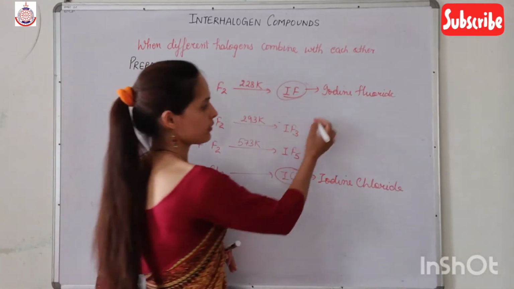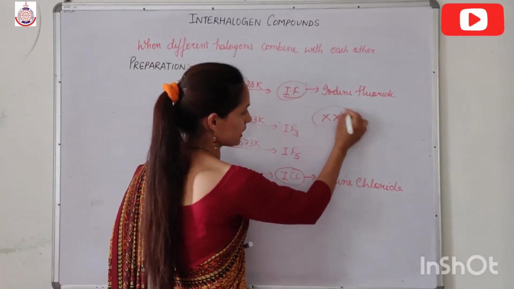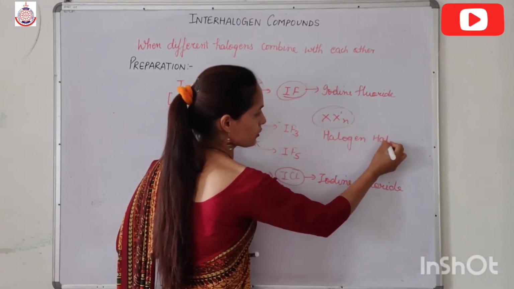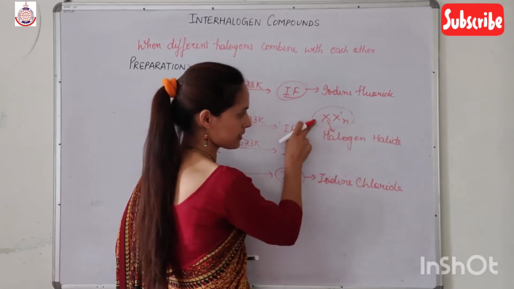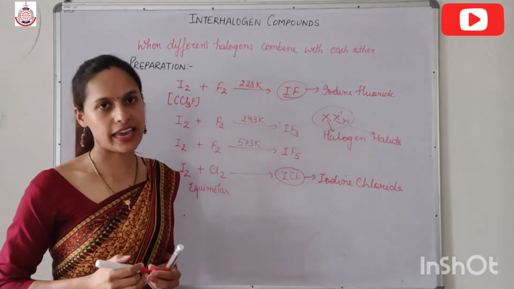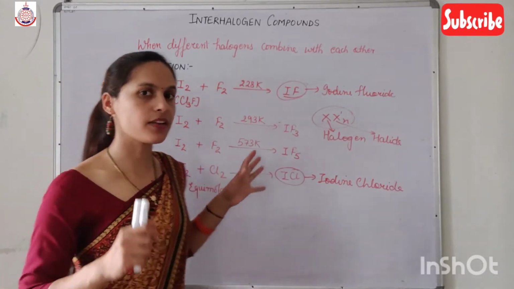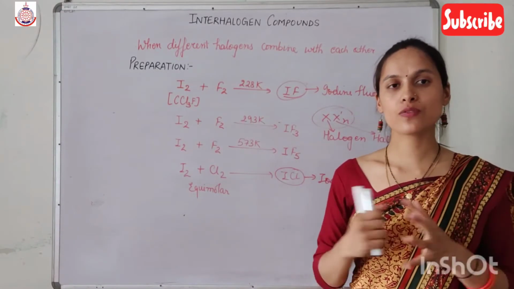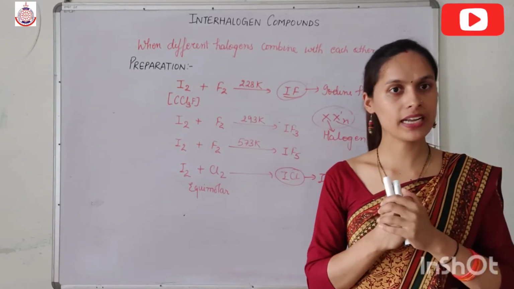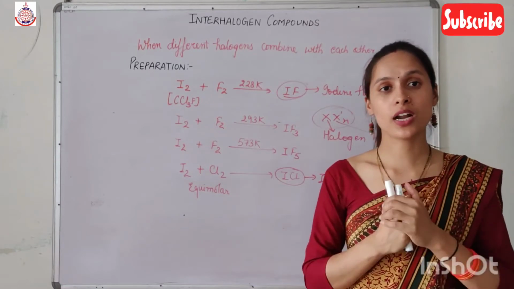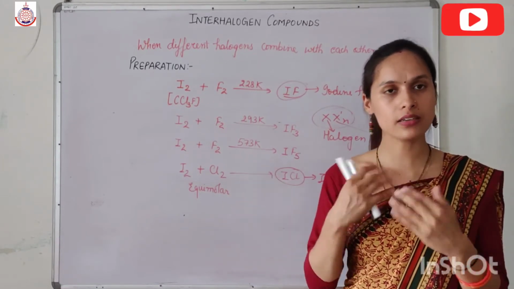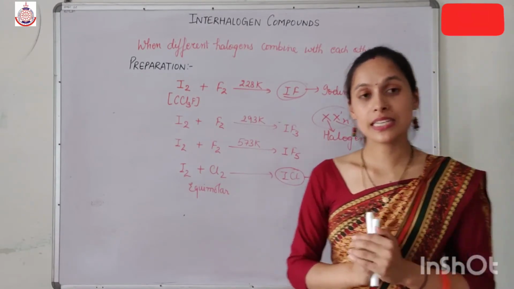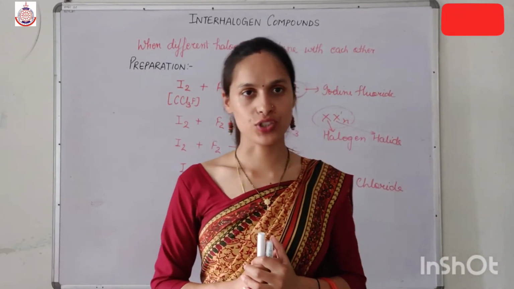So the name becomes halogen halide, where halogen represents X and halide represents X'. So we can prepare different interhalogen compounds either by direct combination or by the action of the halogen on the lower interhalogen compounds, and we get different products when we change the reaction conditions.